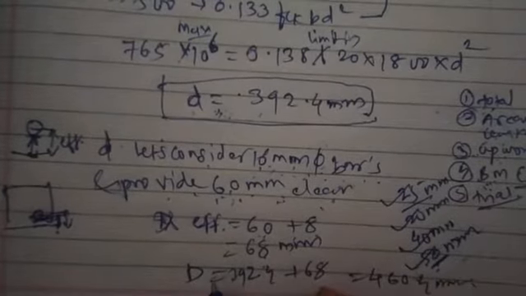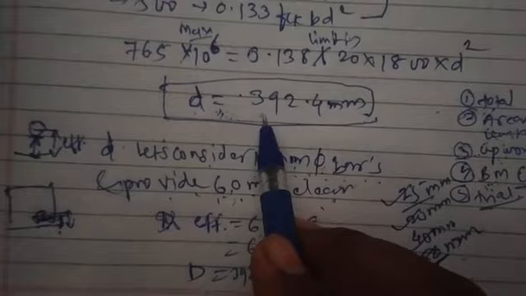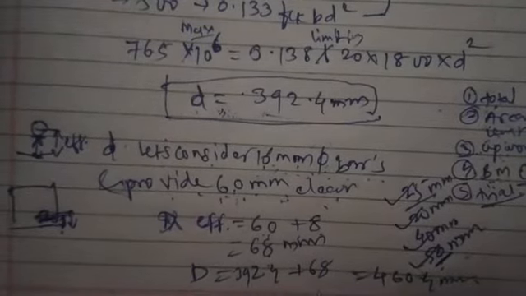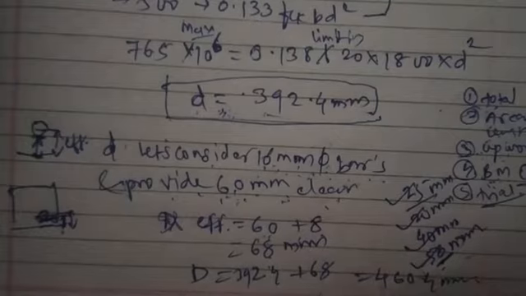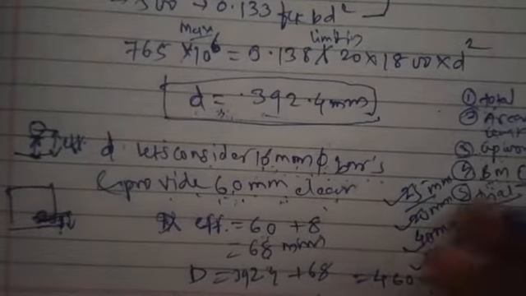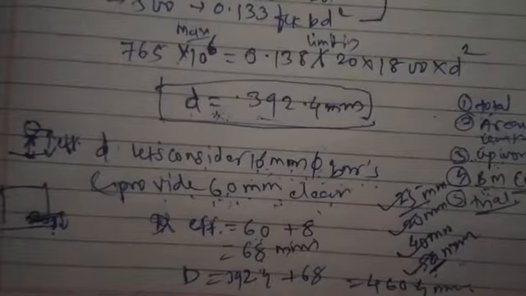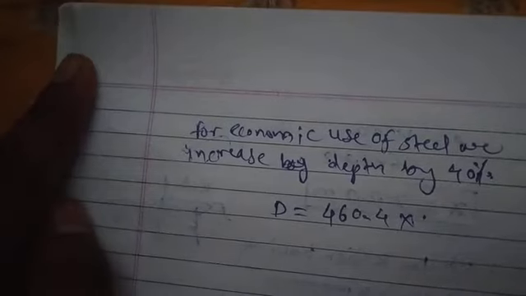Now we'll calculate the overall depth. We have got the effective depth as 392.4 mm. If we add this 68 in it, we'll get 460.4. So we have got the overall depth as 460.4.